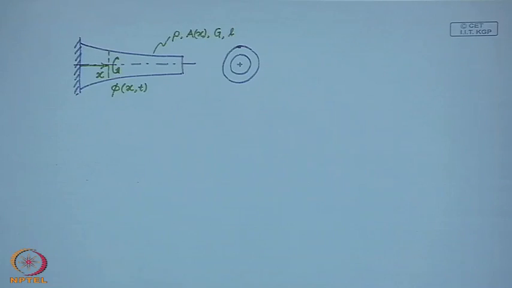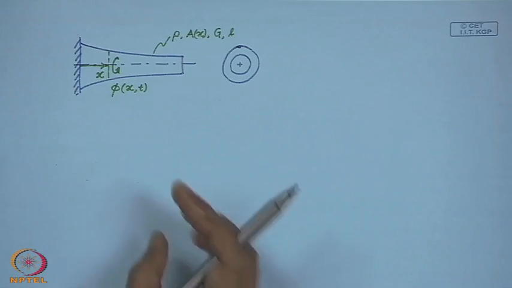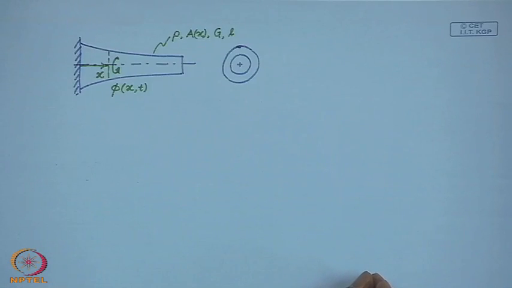Once again, we are going to derive the equation of motion of such a bar in torsional vibrations using the Newtonian approach.